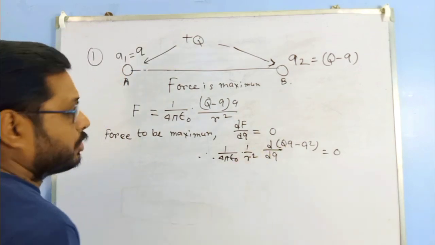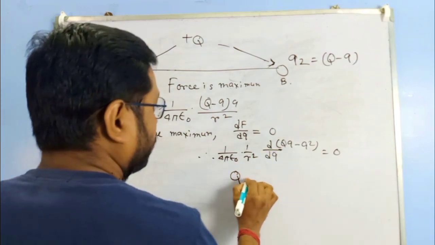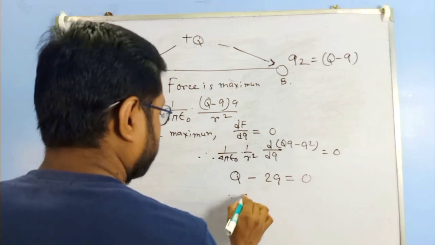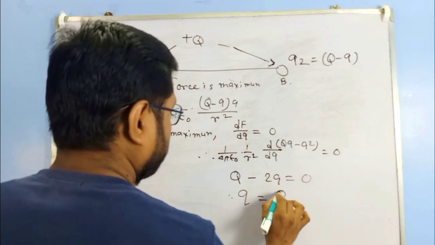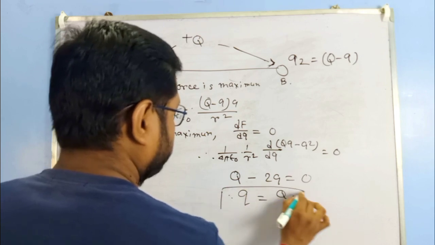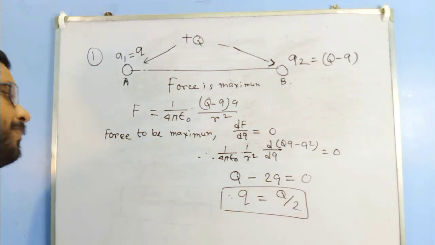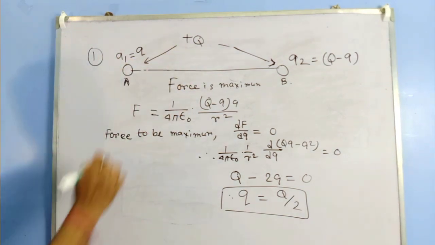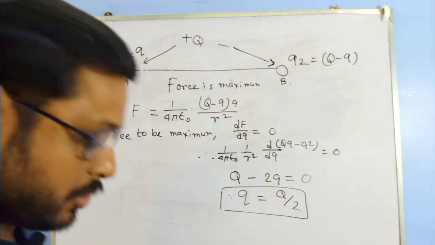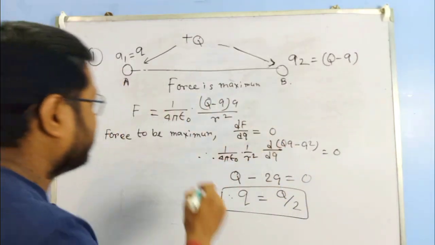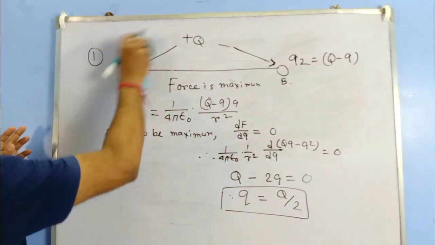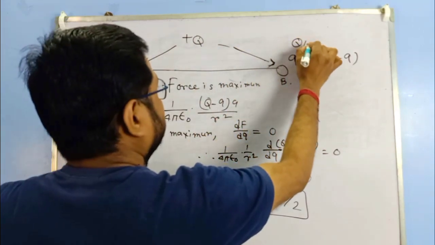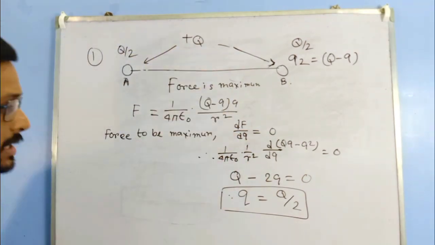So d/dq of (Qq minus q square) gives Q minus 2q equal to 0, or small q is equal to Q by 2. So the charge is equally distributed between the particles so that the force will be maximum. Particle A gets Q by 2 charge and the other gets Q by 2 charge. So the force is maximum.